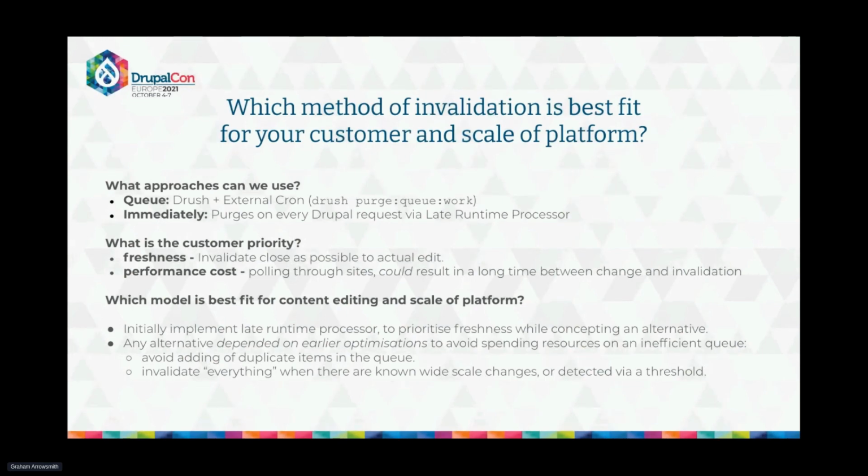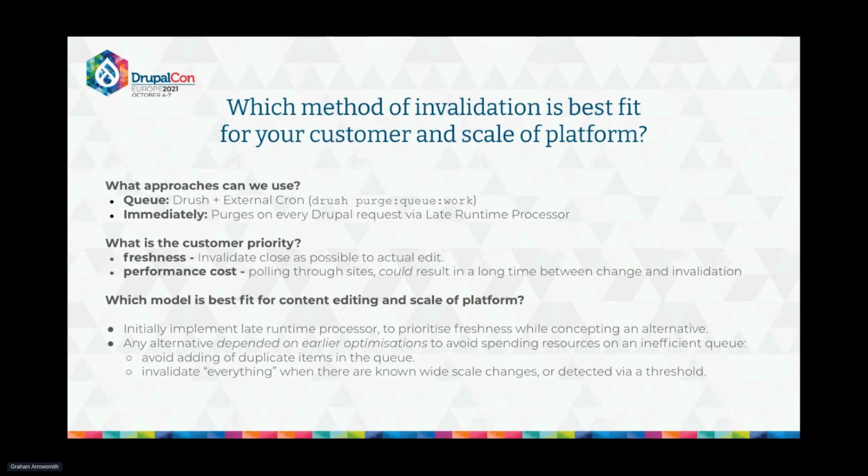Again, the late runtime processor is going to purge on every Drupal request. So if I'm an editor and I make a change to content, I'll fire purges. If I view the admin interface, I'll be firing purges. When a user is visiting the site and the request is not cached, purges will be executed. So I'll come back to that in a second.